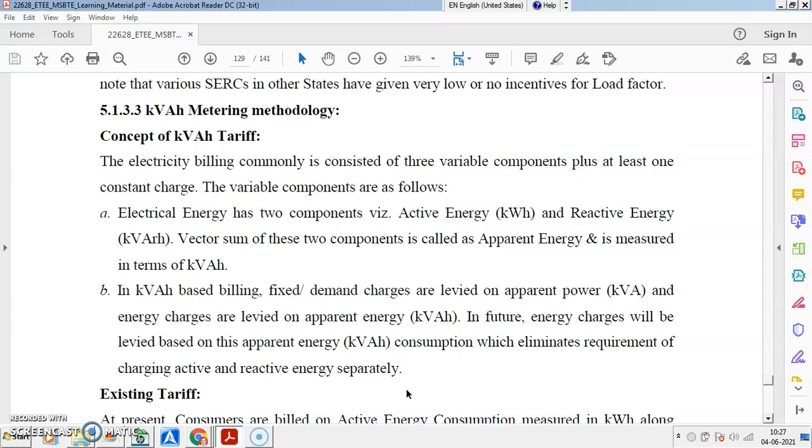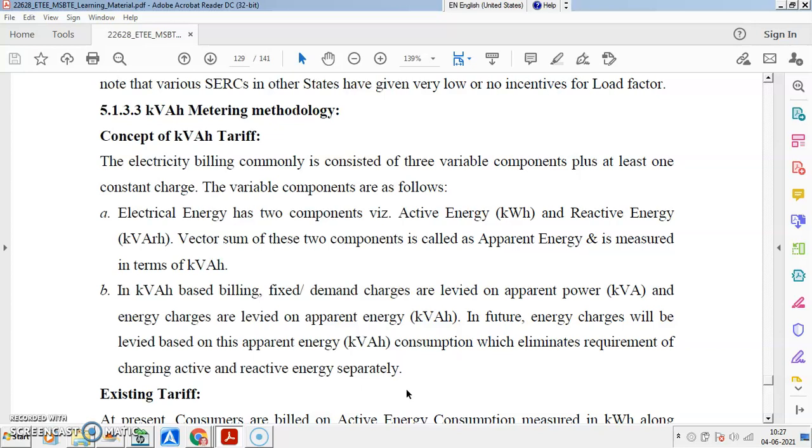So in kVAh based billing, fixed demand charges are also levied on kVA. Energy charges are levied on, in some cases you will be charged kVA and also kVAh. Whatever kVA you consume will be charged. kVAh you actually do not consume, but you are feeding it to the system, which means you are feeding to the loss of the system.